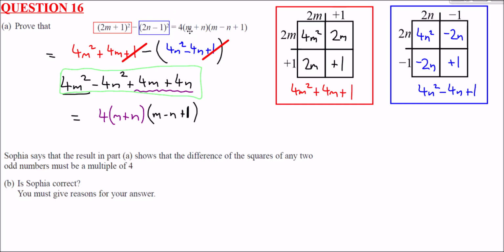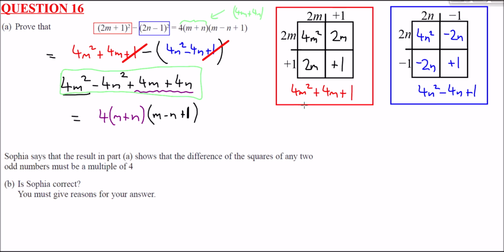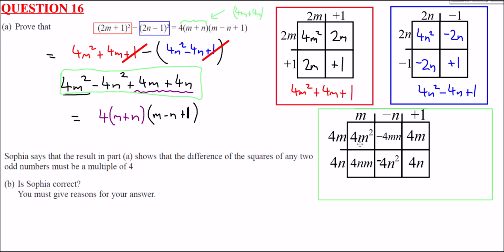So if I just think about this one here and imagine 4 brackets m plus n in its own bracket, I'm going to imagine this as being 4m plus 4n, like so. I can now consider expanding out 4m plus 4n by m minus n plus 1 here, for example. And if I did this, I'd get these 6 terms: 4m squared, 4nm, minus 4mn.